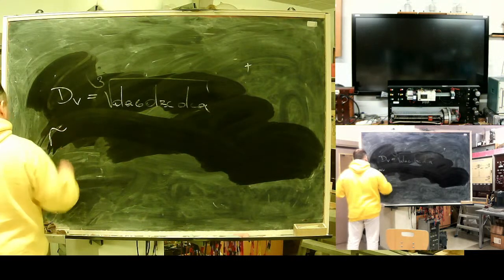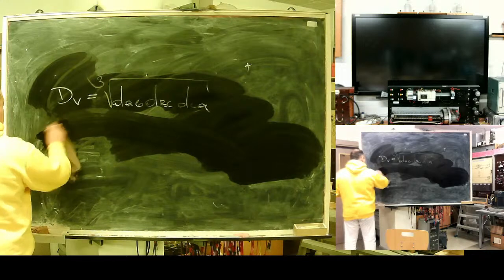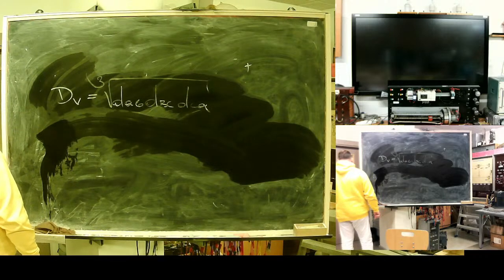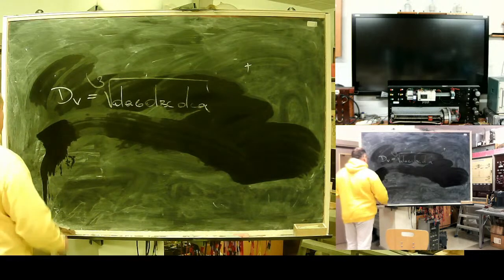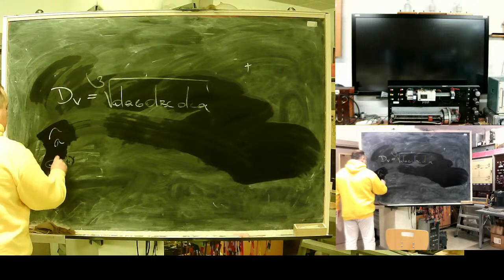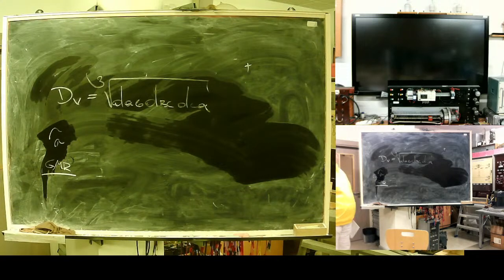Average geometric radius, R sigma of GMR, but be careful, it's a GMR for the whole line.